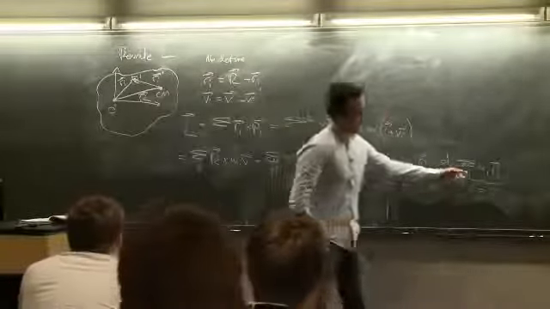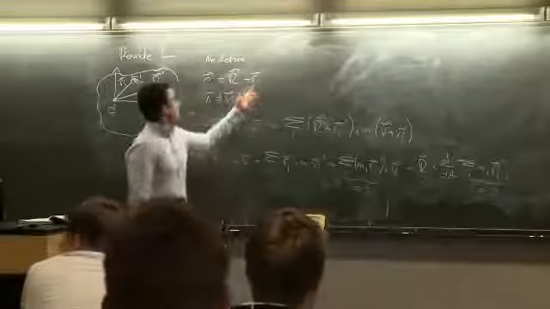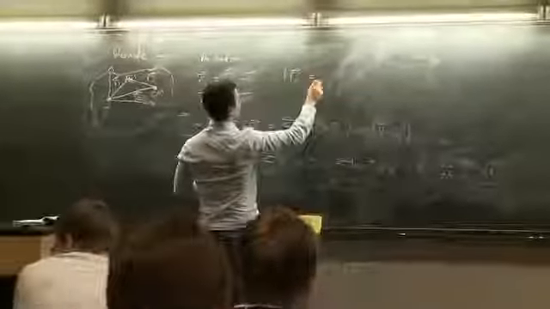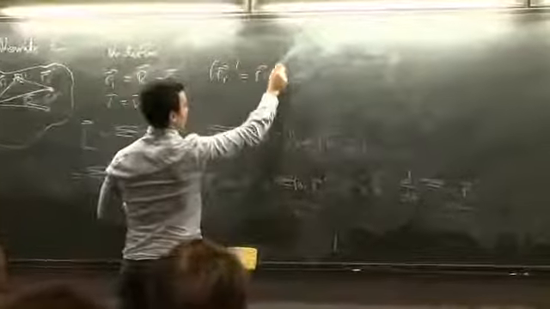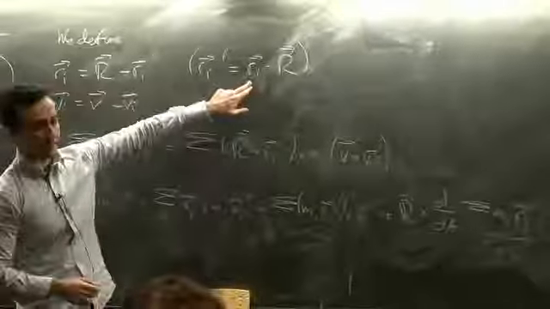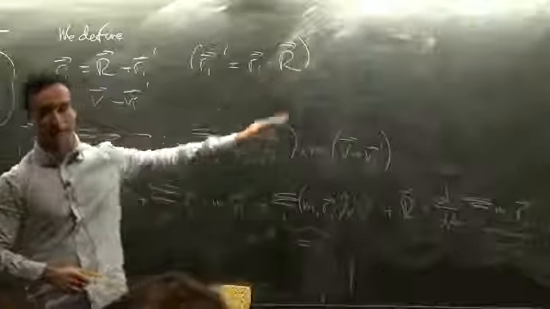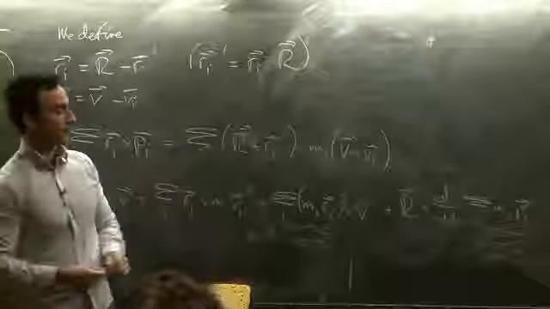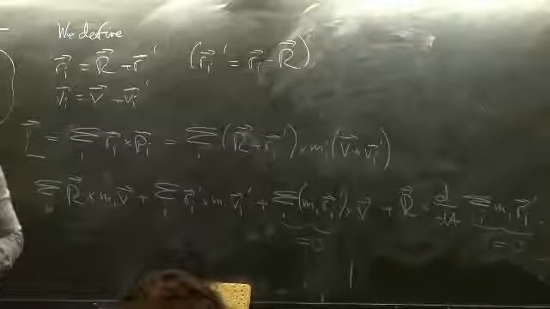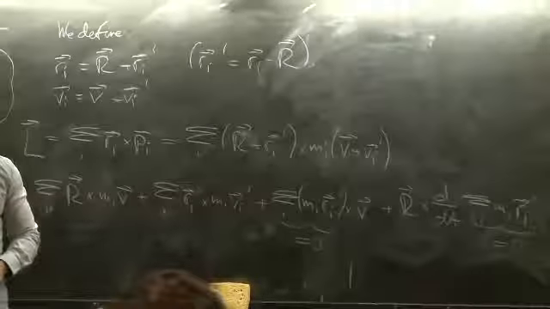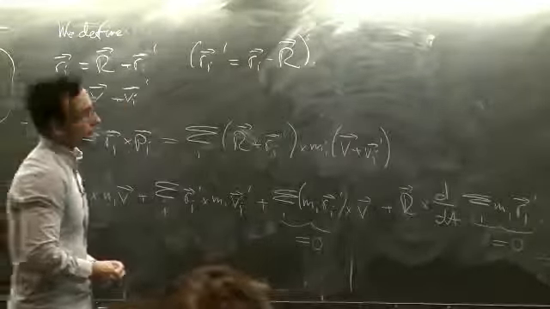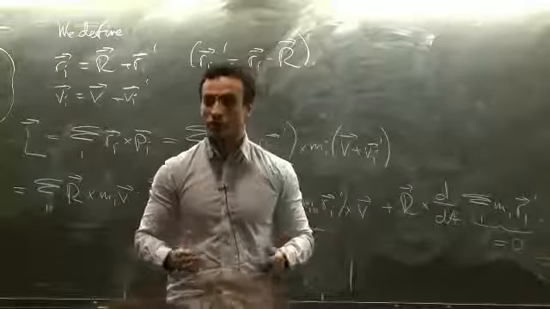So note that the relative vector here, Ri prime, you can write this as the difference between the position vector Ri and the center of mass coordinate large R. And we also have a sum over I involved. Well, the reason is that we have actually a cancellation of terms.